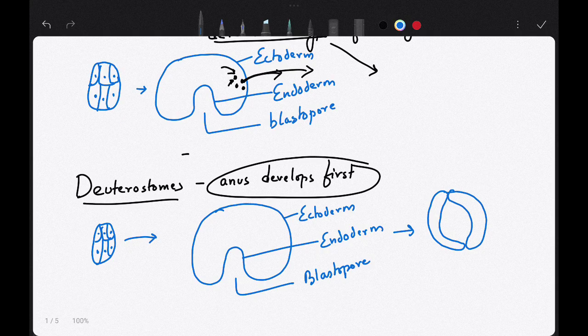During the development, the anus will form first and the mouth will form later, and this is the digestive cavity.